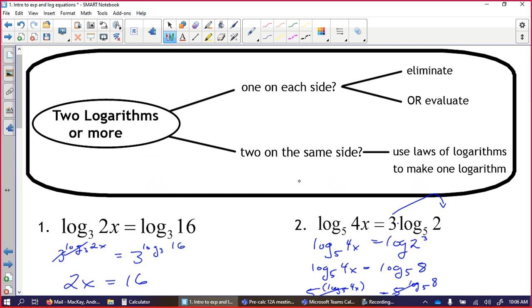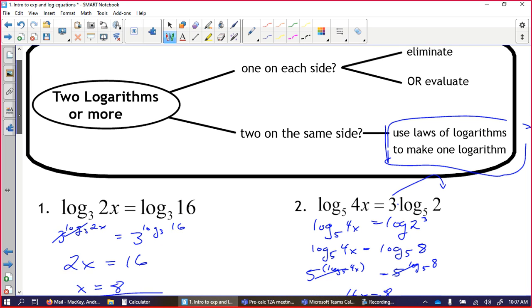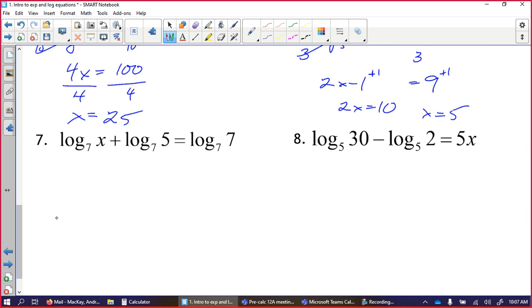The two logs on the same side. Use the laws of logarithms to make them one logarithm. We've done stuff with the power one, but we can use the sum product one.